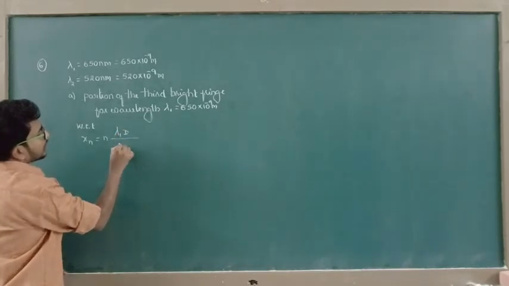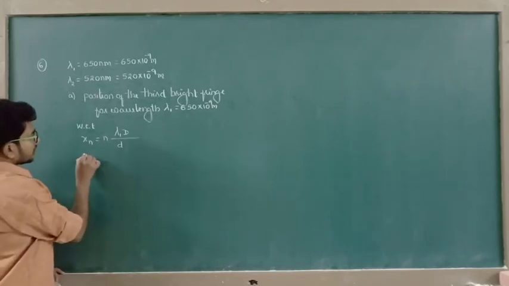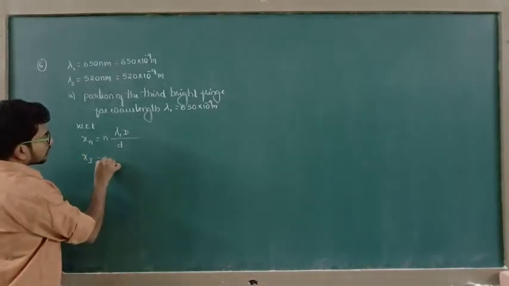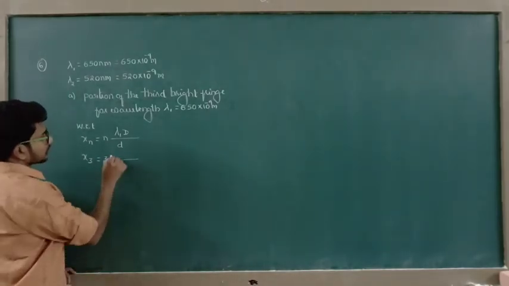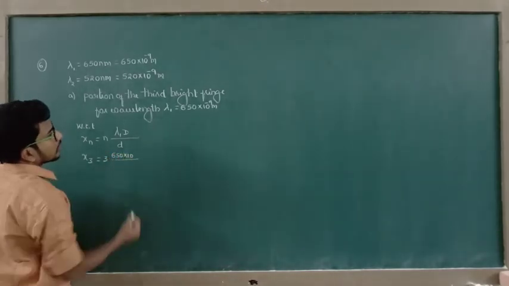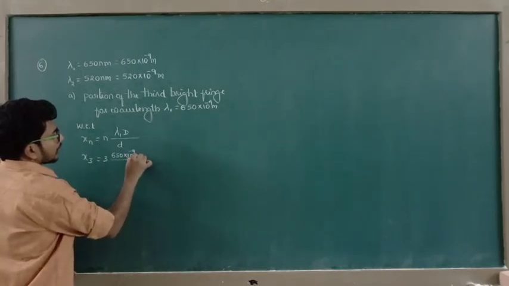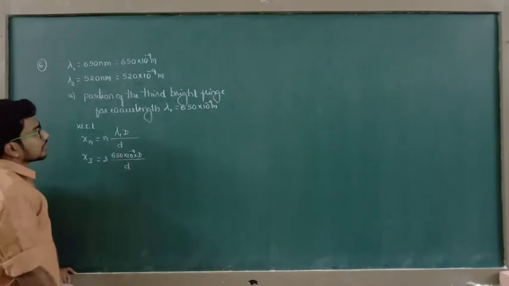For the third bright fringe, x3 is equal to 3 into lambda 1, 650 into 10 to the power minus 9, into capital D divided by small d.